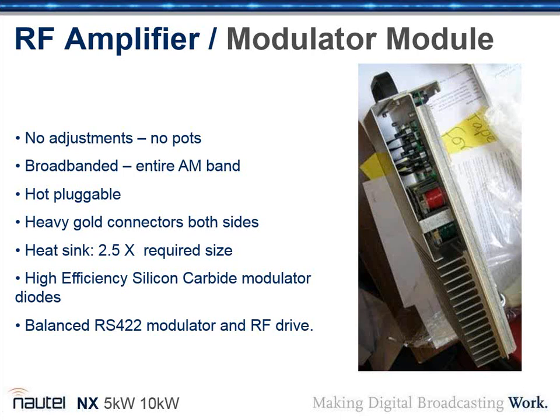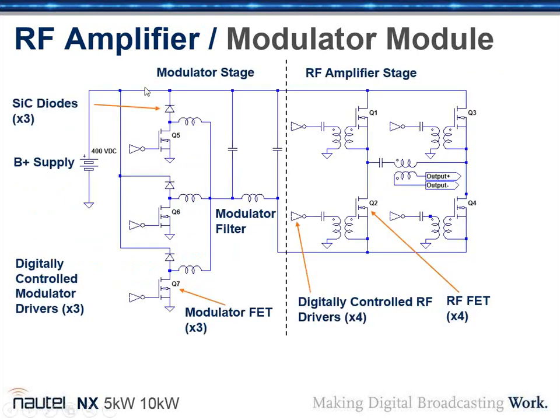The only thing that changes when you change the frequency of this transmitter is the output filter. Yes, that's right. These modules are hot pluggable, and there are heavy gold connectors on both sides, and the heatsink is 2.5 times the required size. And you have these silicon carbide modulator diodes. I see those up here. What do those do? Well, they switch extremely fast.